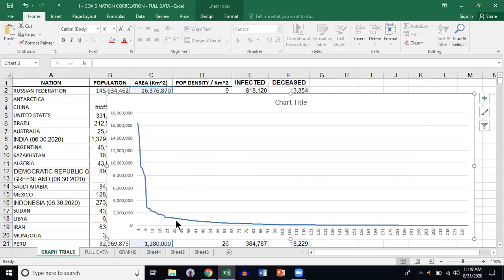This tells us that most countries of the world have smaller areas, and a few countries of the world, about a dozen of them, have very high area, surface. You see, so this graph has become informative for us, that most of the land mass of the world is distributed by a few countries.